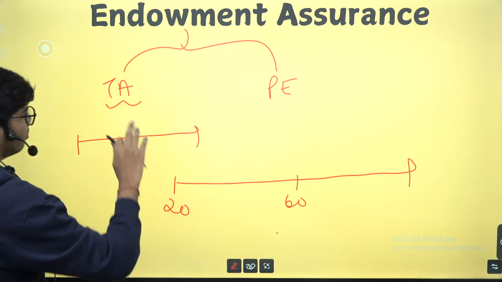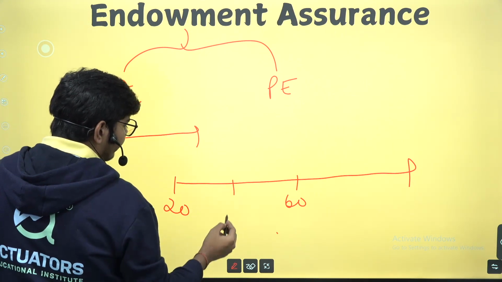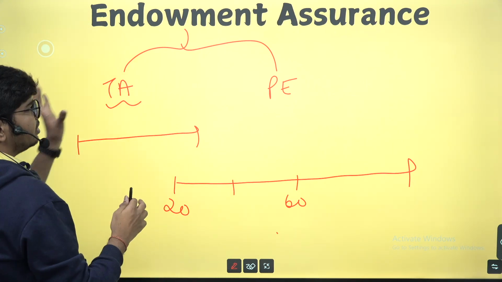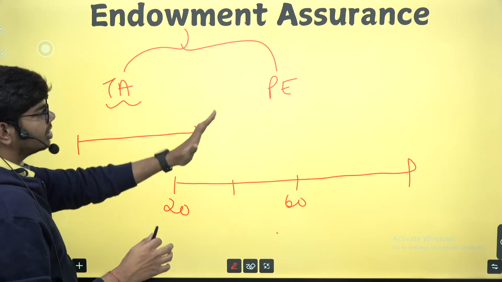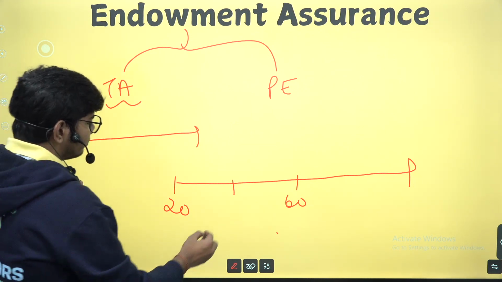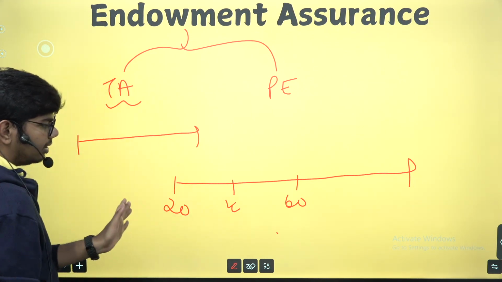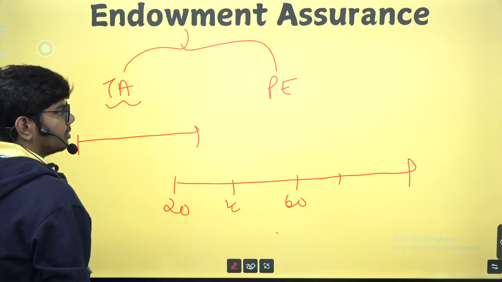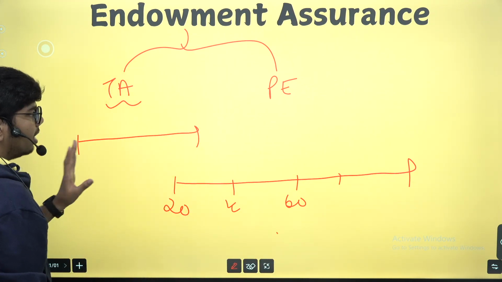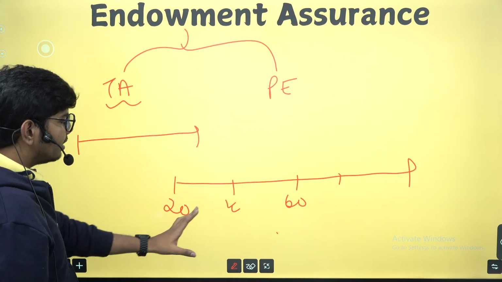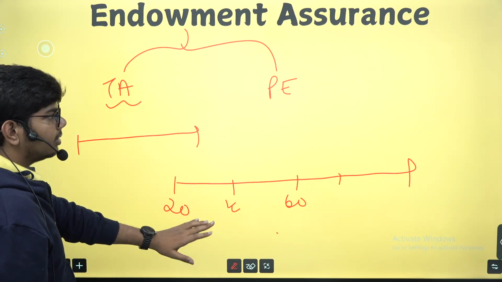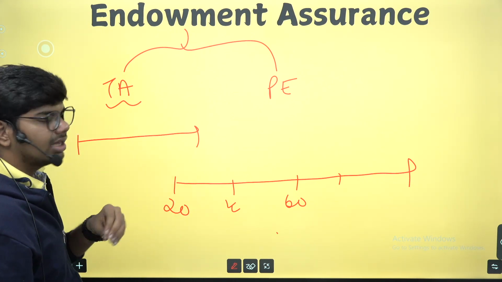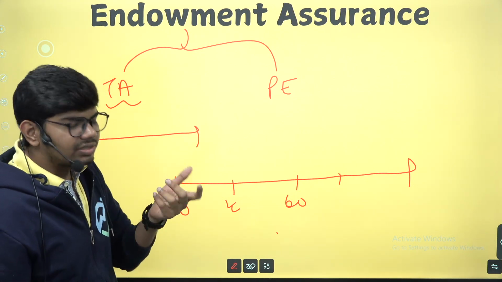So what an endowment assurance plan will do is combine the features of term assurance and pure endowment. Term assurance will pay me money if I die within the 40 years. Pure endowment will pay me if I survive beyond the 40 years, right? Irrespective of whenever I am dying, they will pay me money, but obviously the timing will change.